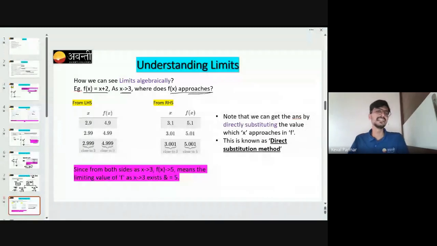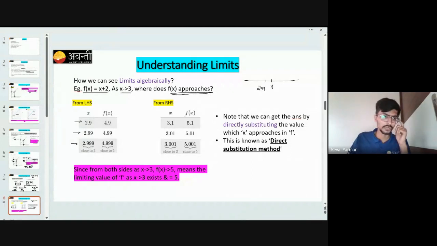So we can basically input values of x from left hand side. Means if I go on left hand side of 3, that means left hand side of 3 will come 2.99, means values less than 3, and so on. As you can see, we have taken three values: 2.9, 2.99, and 2.999, which are very close to 3.